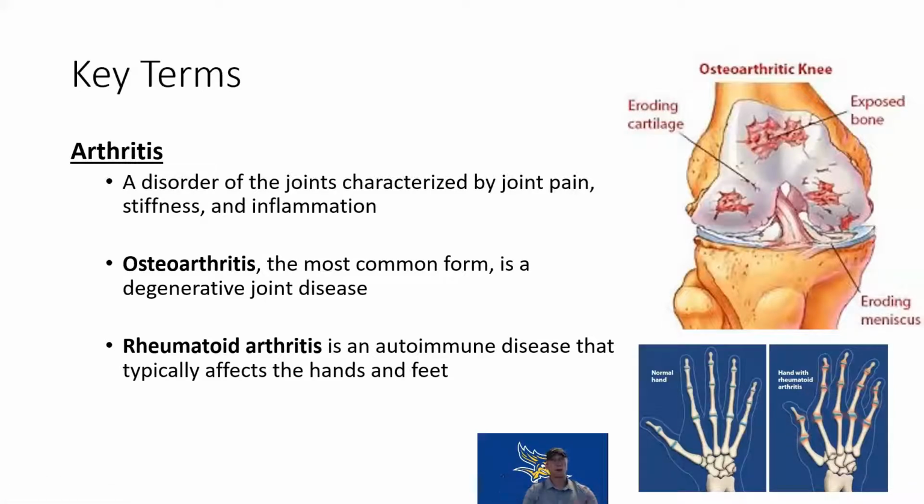We also have rheumatoid arthritis, which causes a swelling within the joint because the immune system is attacking the joint. It's an autoimmune condition, which specifically affects the hands and the feet more than other joints because those joints are causing more movement. Okay, we move our hands and our feet more than any other joints. So we see more of that inflammation and damage at the wrist and the hand.